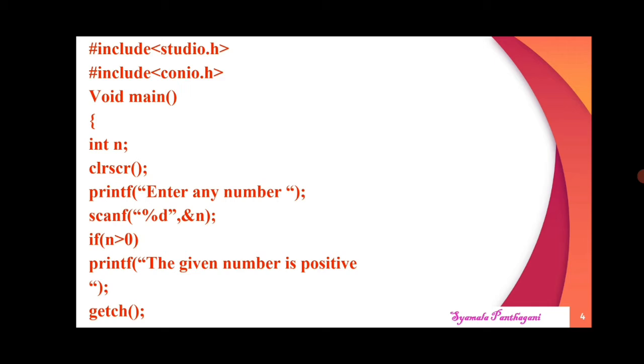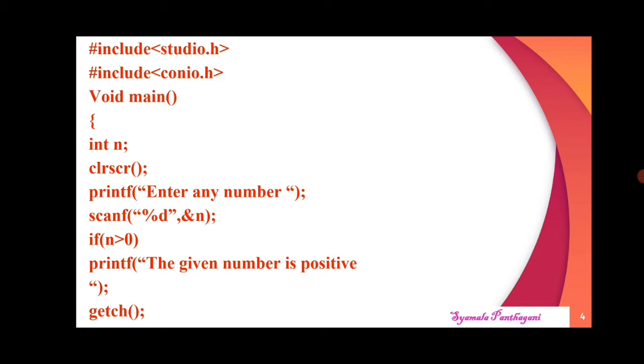Now look at this program once. #include <stdio.h>: we are including the header files stdio.h to use the functions printf and scanf, and conio.h to use the functions clrscr and getch. The main is a very important function for every program, that is void main. Next, int n.